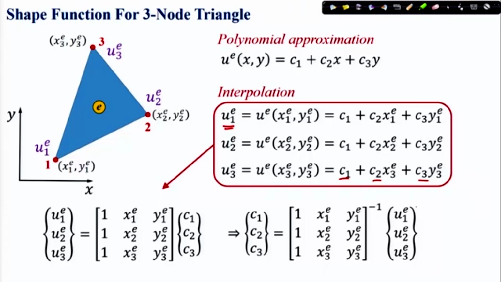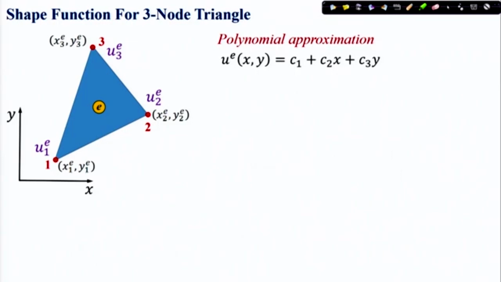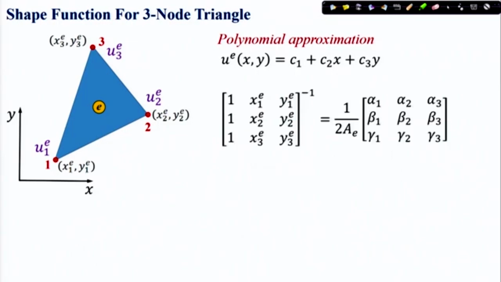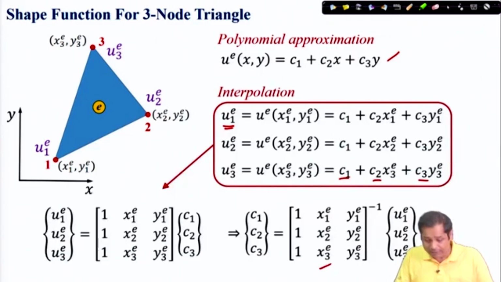Now once you have C1, C2, C3 from this equation, if we substitute them in this equation, we have the approximation. Let us do that now. So this is the equation we have, and we know that this requires an inverse of this, right?